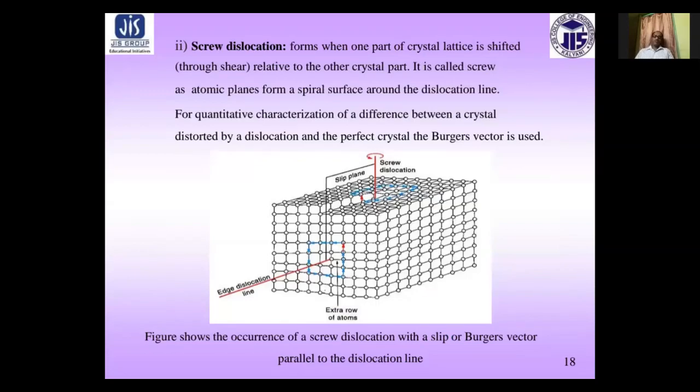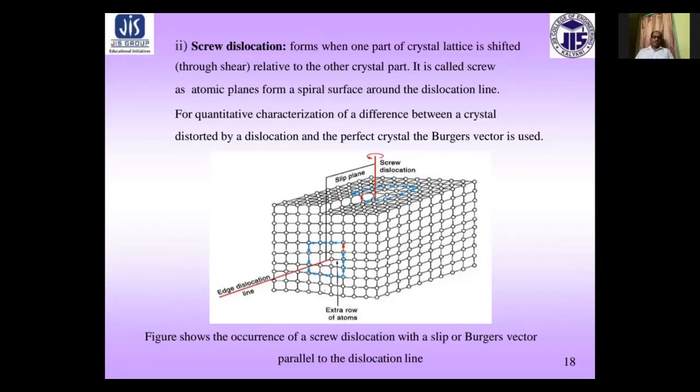Next, we come to another type of dislocation or line defect, that is called screw dislocation. This screw dislocation can be imagined as being produced by cutting the crystal part of the way through with a knife and then shearing one part of the crystal with respect to the other, parallel to the cut, as shown in this figure.